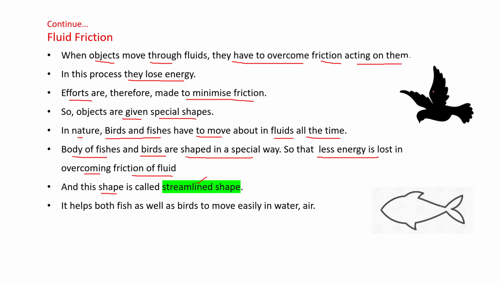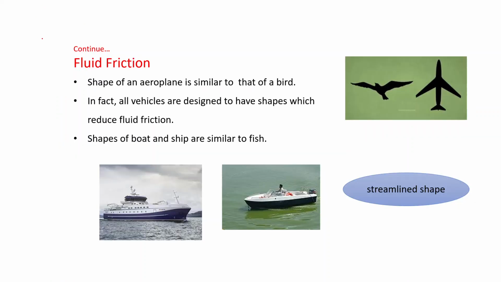You can see this is a bird, this is a fish, and this streamlined shape helps both fish as well as birds to move easily in water and air. The shape of an aeroplane is similar to that of a bird.